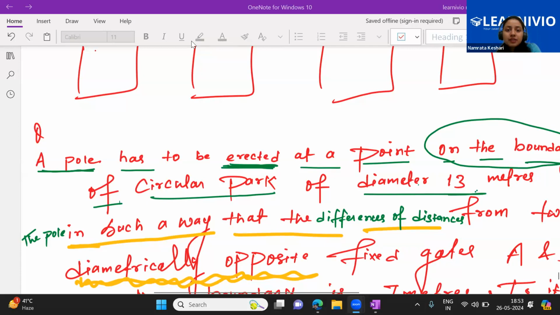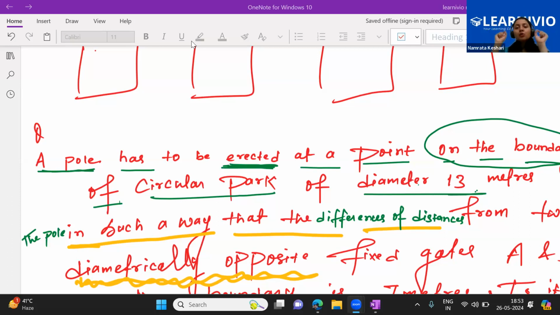Are you getting it? Galvin, Aisha, Harshit, are you getting it? What exactly the question says? There is a circular park. On the boundary of the park, there is a pole. Pole is standing. Now there are diametrically opposite fixed gates.